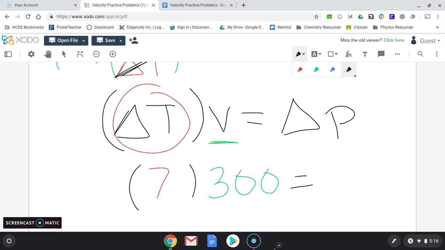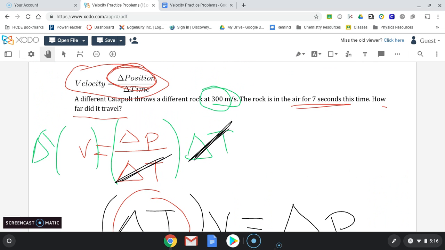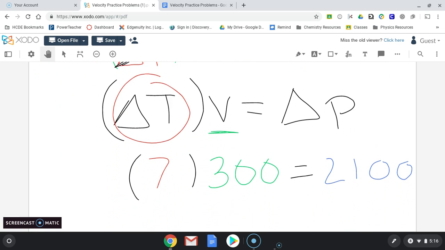You plug that in your calculator, or if you're quick, you might notice that 7 times 3 is 21, and then we just add 2 zeros. So our answer would be 2,100, or 2100. And that answer will be in units of meters, because that's what we are looking for here.